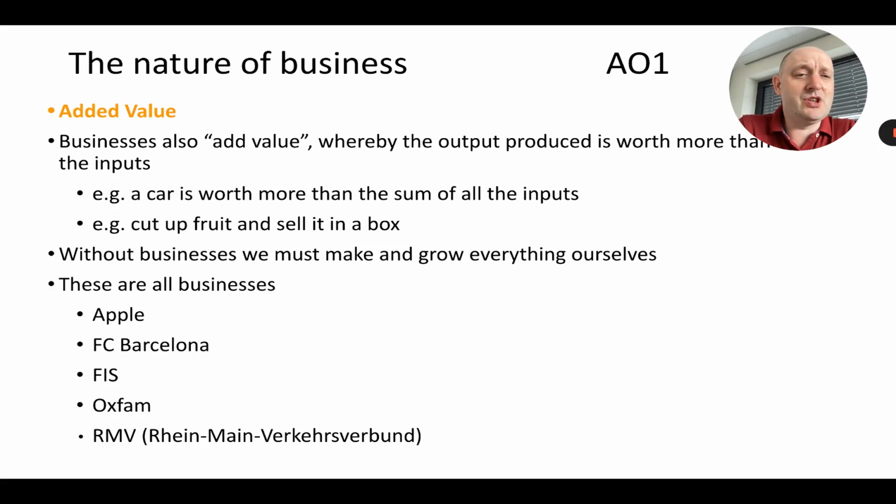FIS is a not-for-profit business, but it's still a business. Oxfam is a business. They collect donations from people and then use that to go and help people. And the RNV in Germany is a transport service, and they provide transport for people around Germany. So these are all businesses.